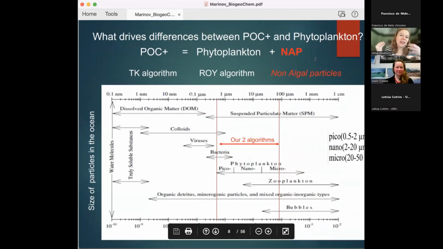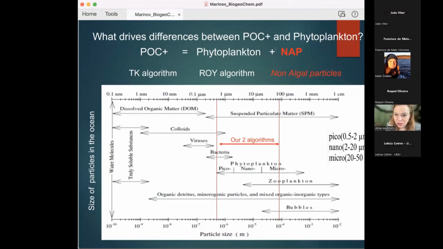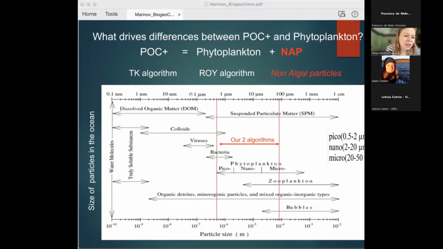The idea is to look at the particulate organic carbon as being the sum of phytoplankton and something else, which in our case is non-algal particles, so organic matter, maybe organic detritus, or maybe zooplankton, and so forth. So the question is, can we use these two together to tell us something about these non-algal particles? Very little is known about them, and there is extremely little literature on these, so there are many different questions.